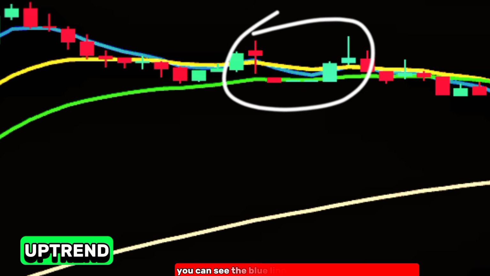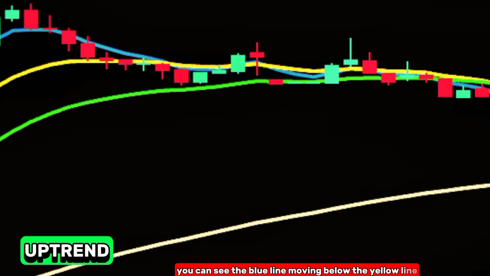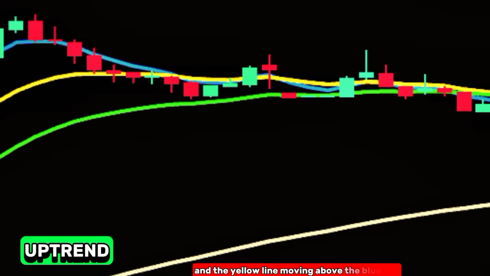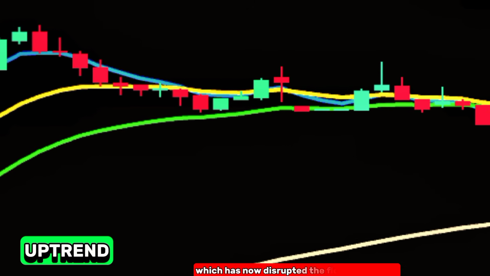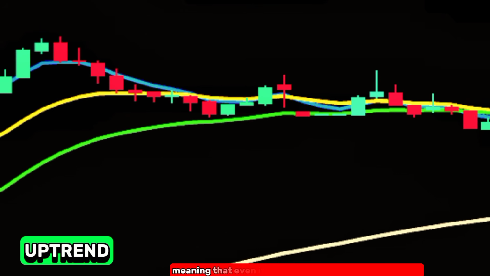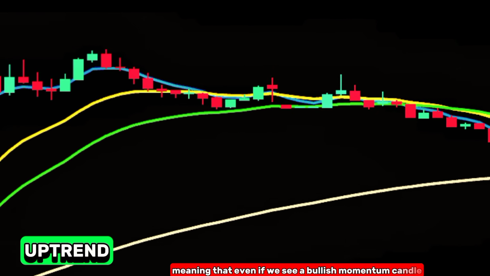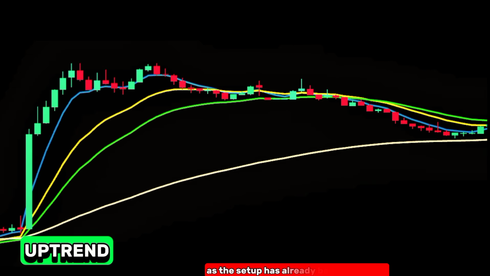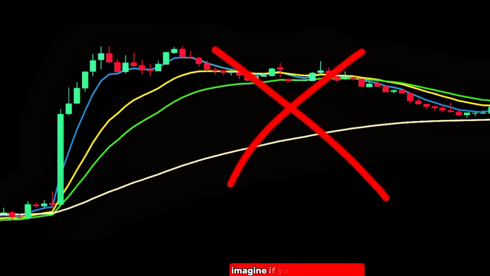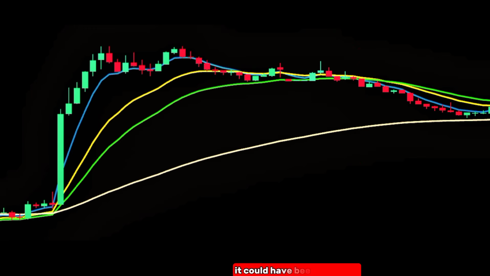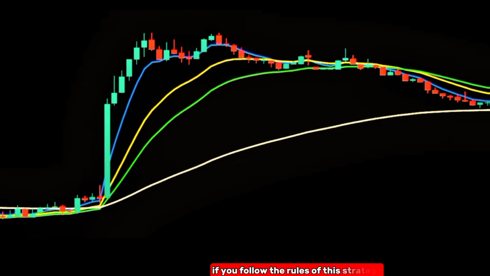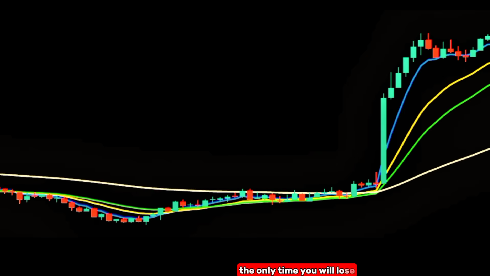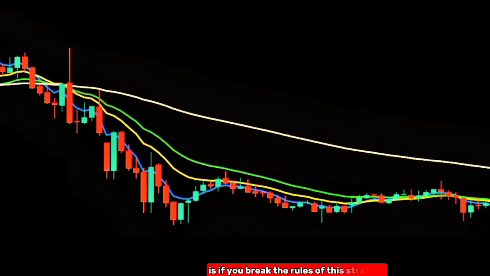Here you can see the blue line moving below the yellow line, and the yellow line moving above the blue line, which has now disrupted the flow of the lines, meaning that even if we see a bullish momentum candle, we still won't be able to take a trade, as the setup has already been corrupted. Imagine if you took this trade. It could have been a big loss, which will not ever happen if you follow the rules of this strategy. The only time you will lose is if you break the rules of this strategy.